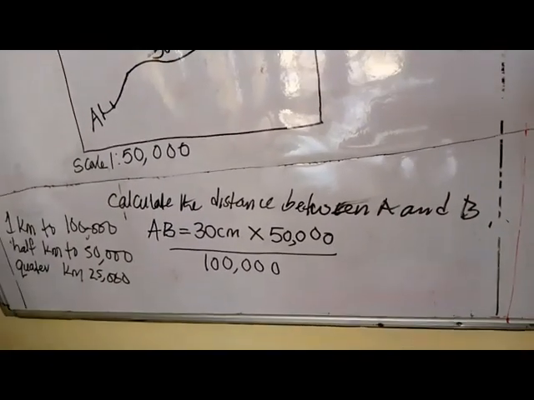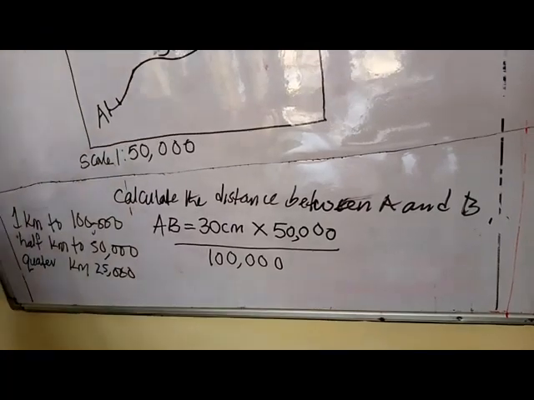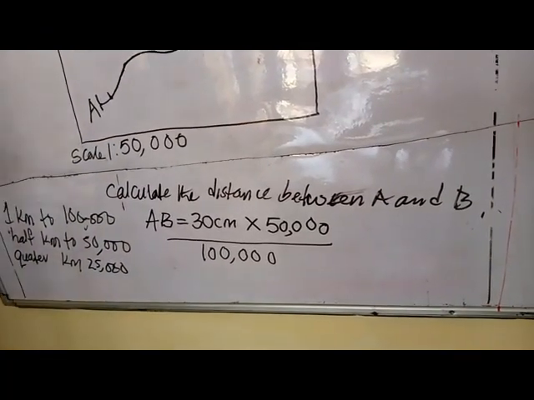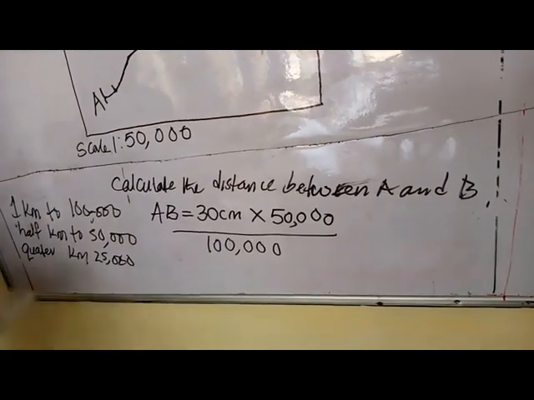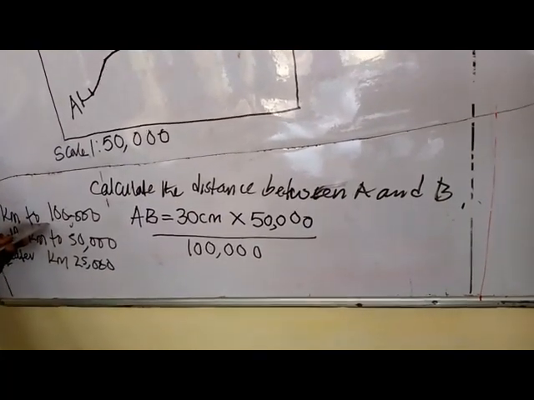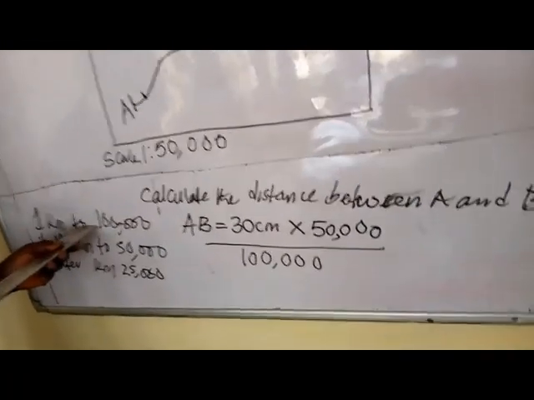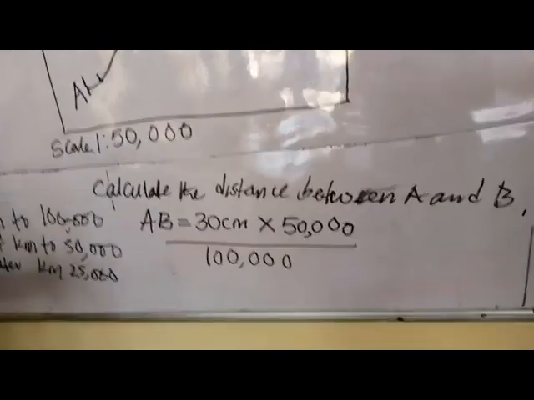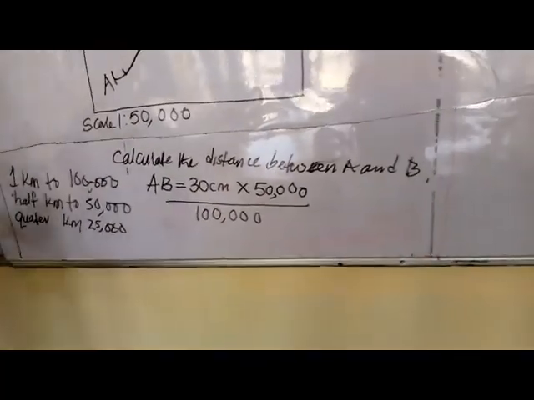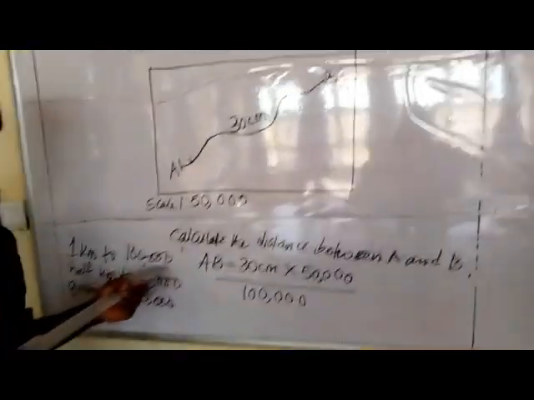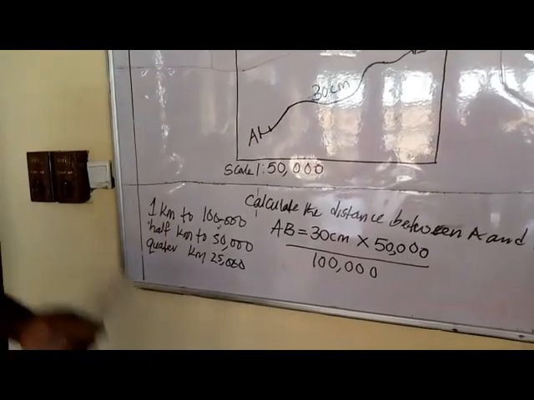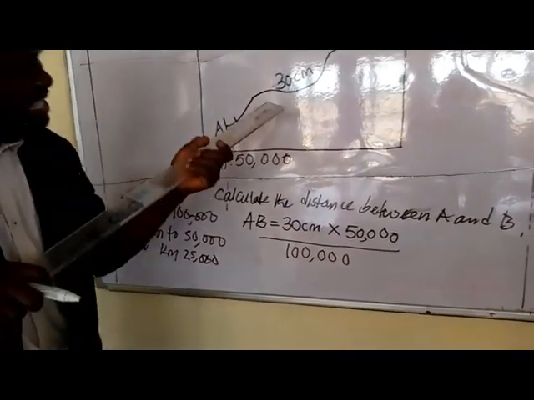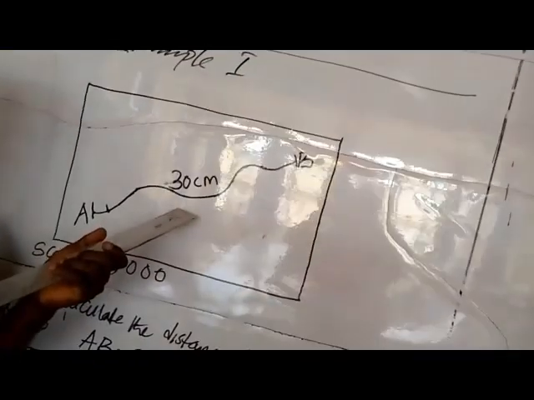Now, the 100,000 here is representing 1 kilometer. Because in every 1 kilometer, we're going to have 100,000 centimeter. So it means that here the unit that we have is in centimeter.